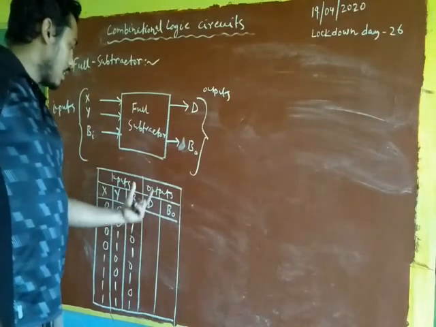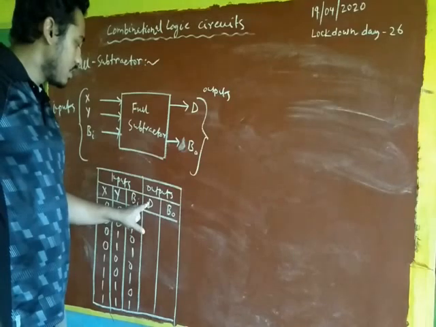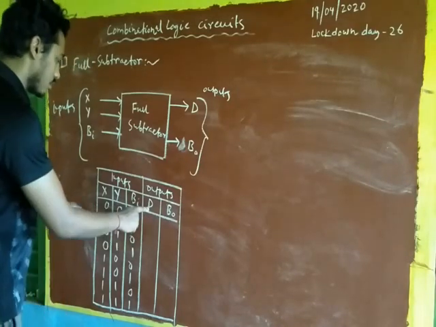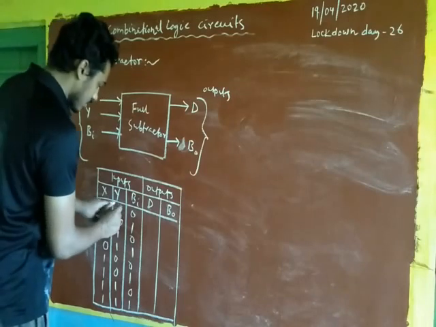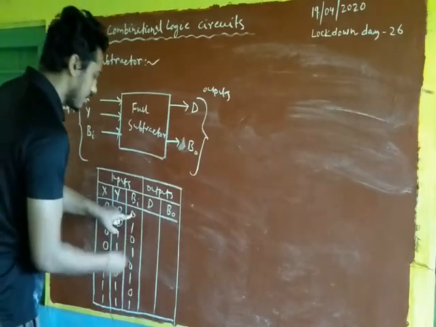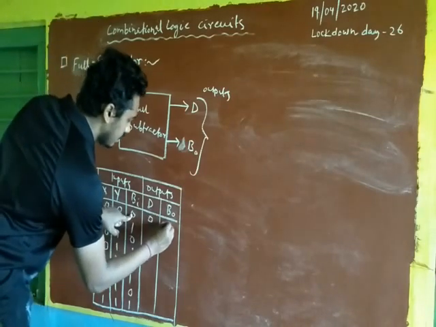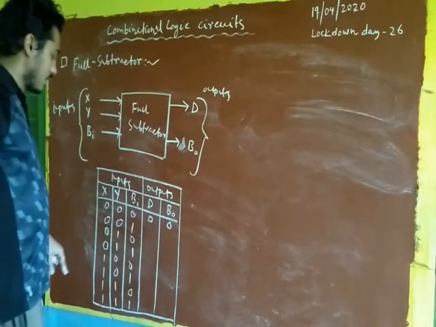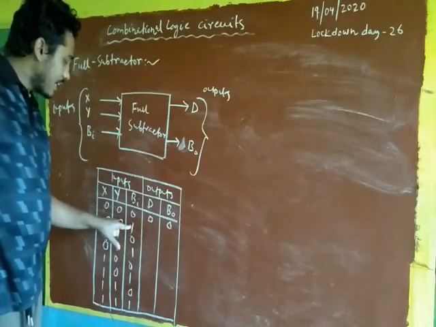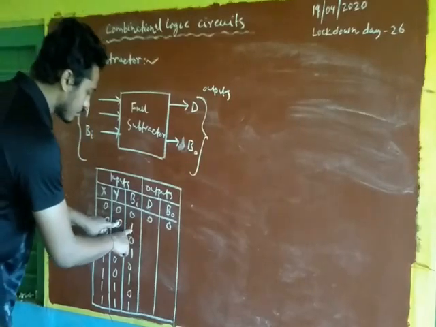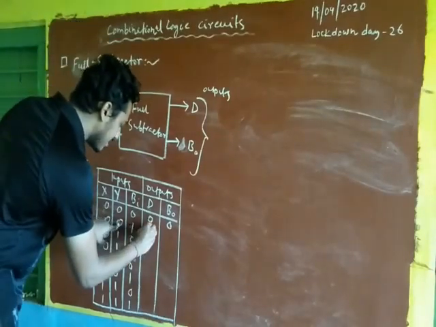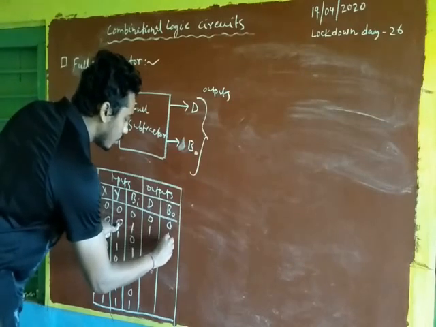Now we check two outputs, D and B out. For this, 0 minus 0 and result minus 0, it is coming 0 and borrow is also 0. Now here 0 minus 0 minus 1. Obviously 0 minus 0 is 0 and 0 minus 1 gives difference 1 with borrow 1.